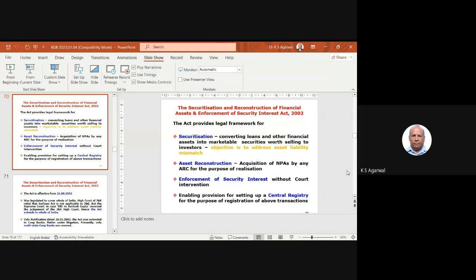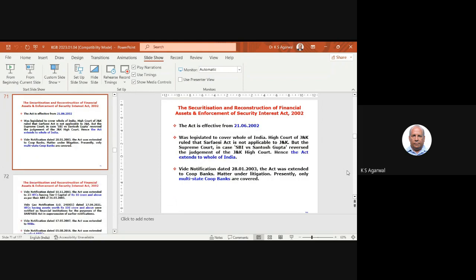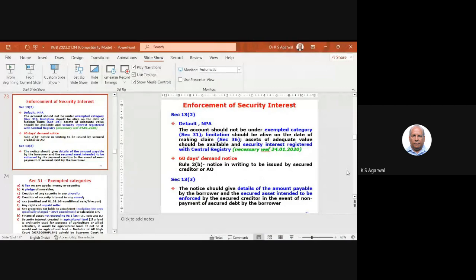This Act provides the legal framework for securitization, asset reconstruction, enforcement of security interest, and enabling provision for setting up of the Central Registry. This historical data I am skipping, coming straight away to what is important from our examination point of view: enforcement of security interest.